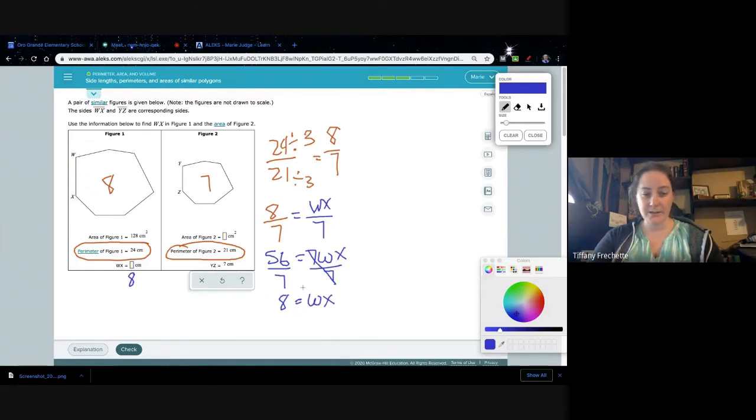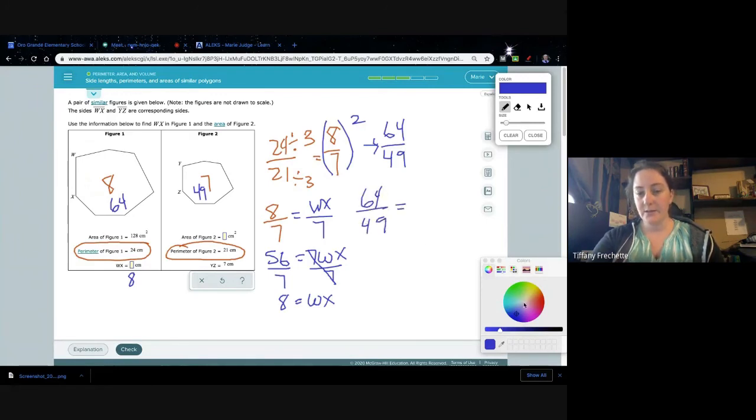All right, so let's use this same thing for areas. Remember, we need to square the ratio before we can use it for areas. So we're going to end up with 64 and 49. I'm going to write this over here, 64 and 49. So we have 64 over 49 equals, and I'll change my color now.